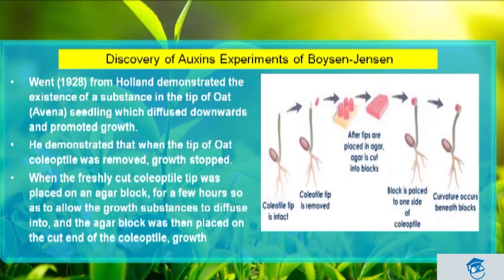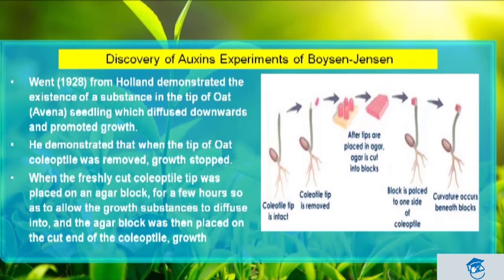He demonstrated that when the tip of the oat coleoptile was removed, growth stopped. That means auxin was there in the tip of the oat coleoptile, right? Which is responsible for the growth. So this way he discovered auxin, that is a plant hormone.